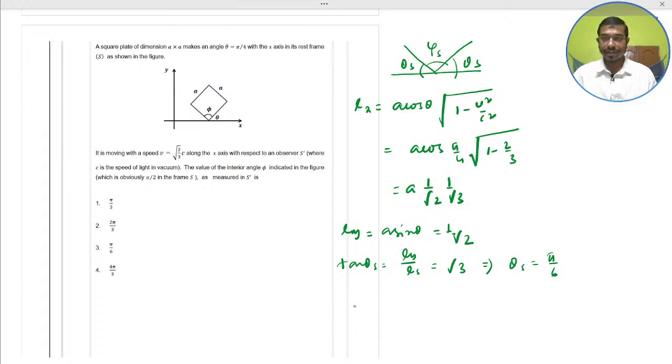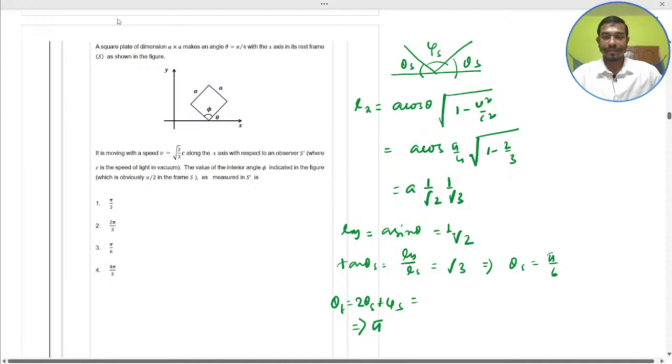From the geometry, the total interior angle, theta total, is 2 theta s plus phi s, which equals pi, the total 180 degrees, and you have to find the interior angle phi s.